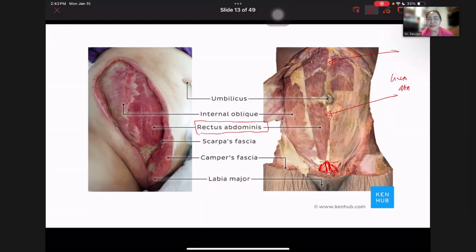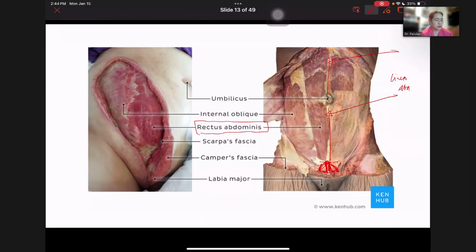So it lies anterior to the inferior part of the rectus abdominis muscle and attaches to the anterior surface of the pubis and the anterior pubic ligament. And it ends at the linea alba. So this is your linea alba.